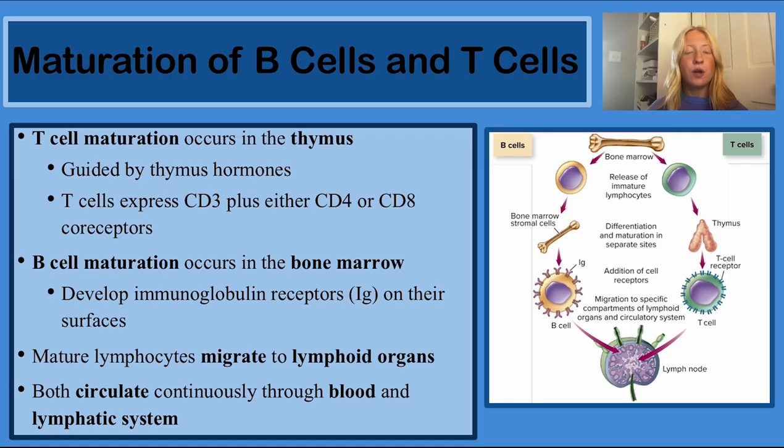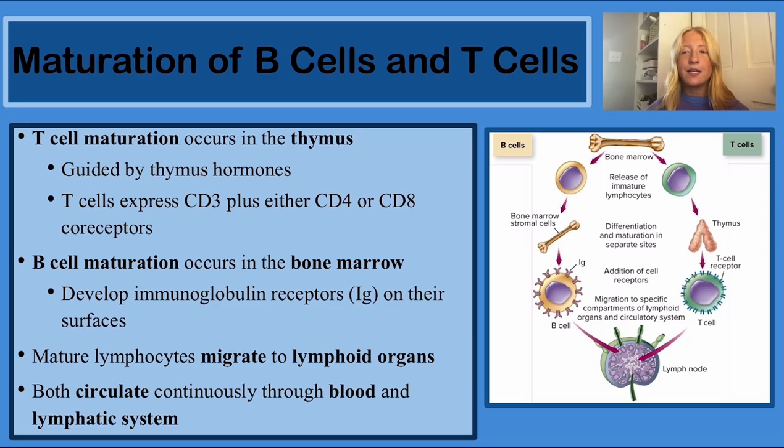So we talked about maturation of T cells and B cells. They both go through a maturation process, and it gives them their specific roles. T cells mature in the thymus, and this is where hormones guide their development, and they gain 2 important identifiers.